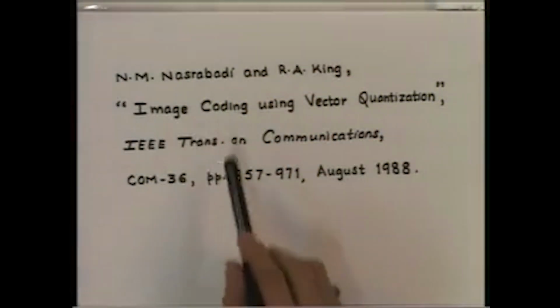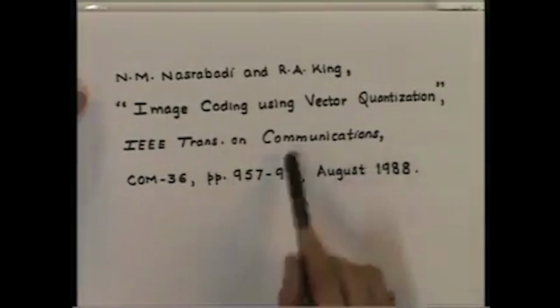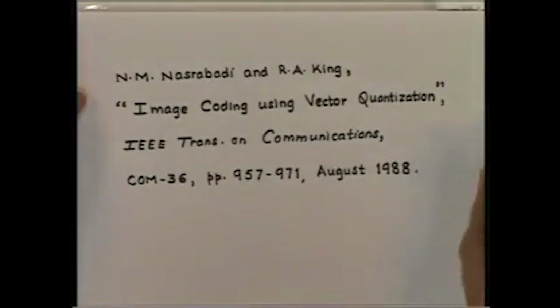In the literature there are many variants of vector quantizer which address these issues, and one such reference is shown here. This is a reference by Nasrabadi and King, which appeared in IEEE Transactions on Communications, and it discusses some of the basics of different variants of vector quantization.